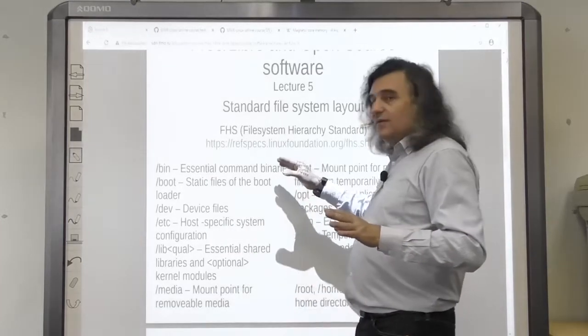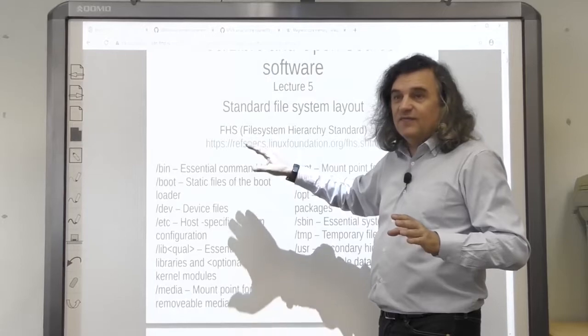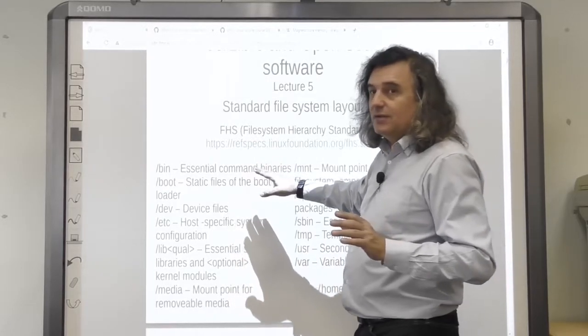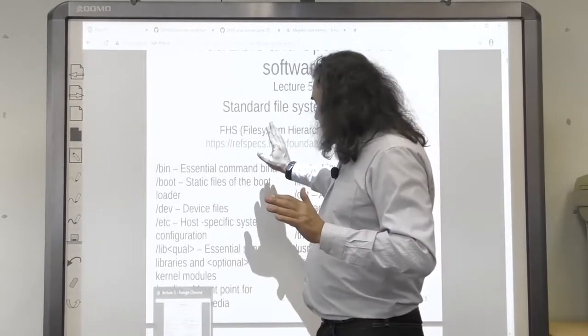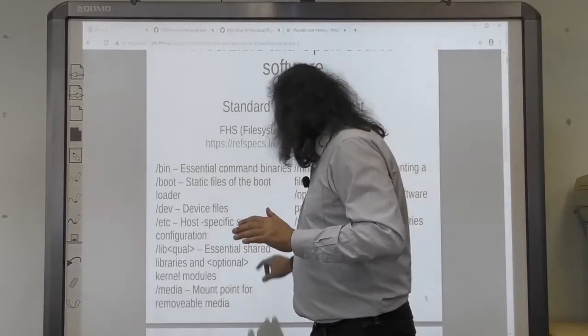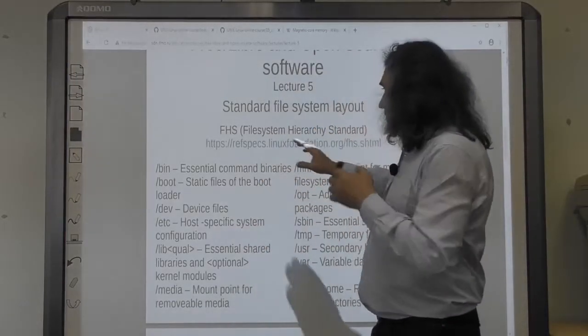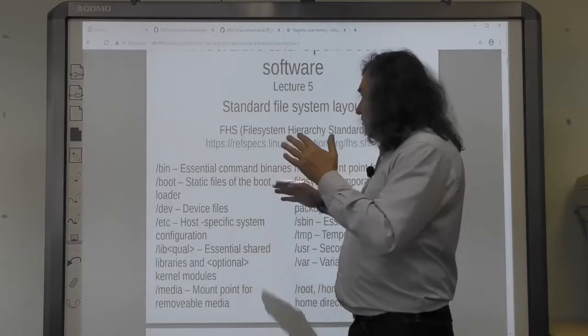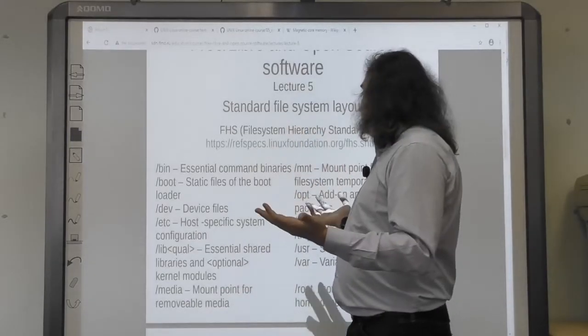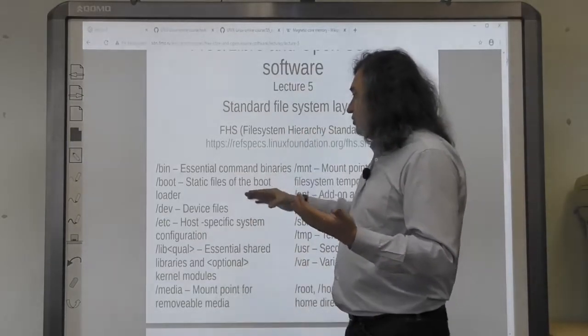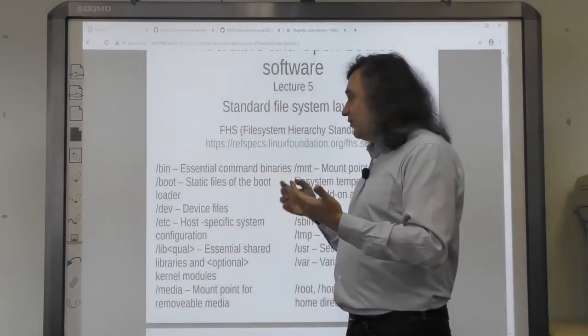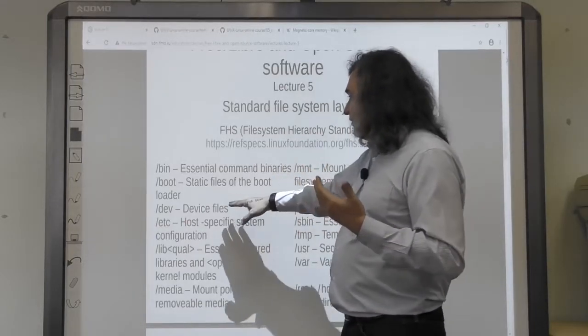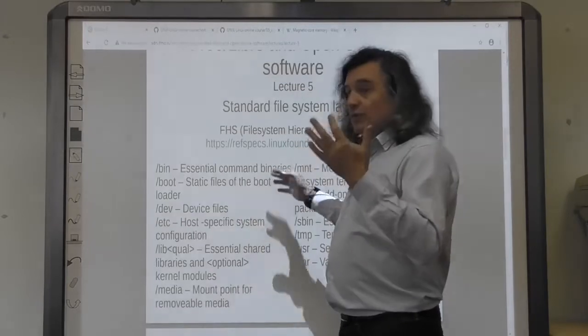At the first level, we have directories like this. We have the directory bin with essential command binaries. We have boot with the files for the bootloader.